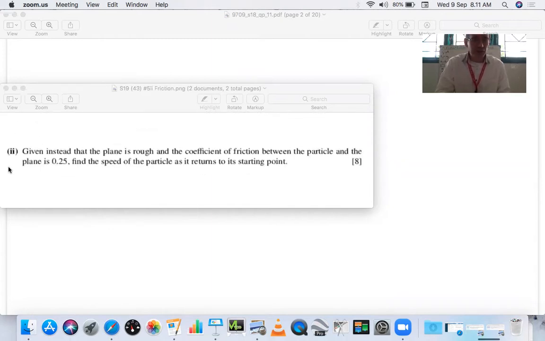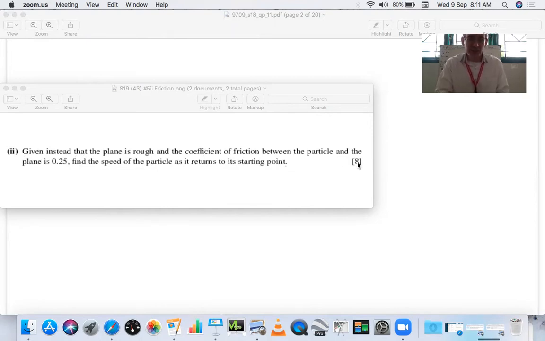Now we're just going to do part 2 because part 1 has to do with a part of the mechanics book that we haven't gotten to yet. So part 2, given instead that the plane is rough and the coefficient of friction between the particle and the plane is 0.25, find the speed of the particle as it returns to its starting point.